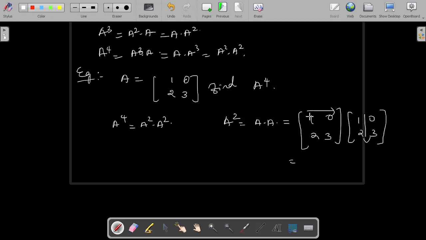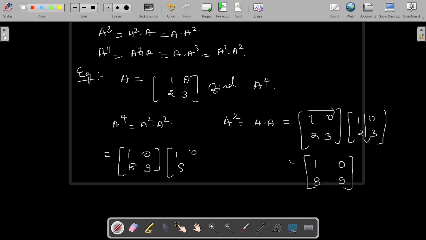So first row first column 1 ones are 1, plus 0 twos are 0, so it is 1. 1 into 0 is 0, plus 0 into 3 is 0. 2 ones are 2, plus 3 twos 6, 2 plus 6 is 8. Then 2 into 0 is 0, 3 3s is 9. A square. So A power 4 is 1 0 8 9 into 1 0 8 9, multiply together.